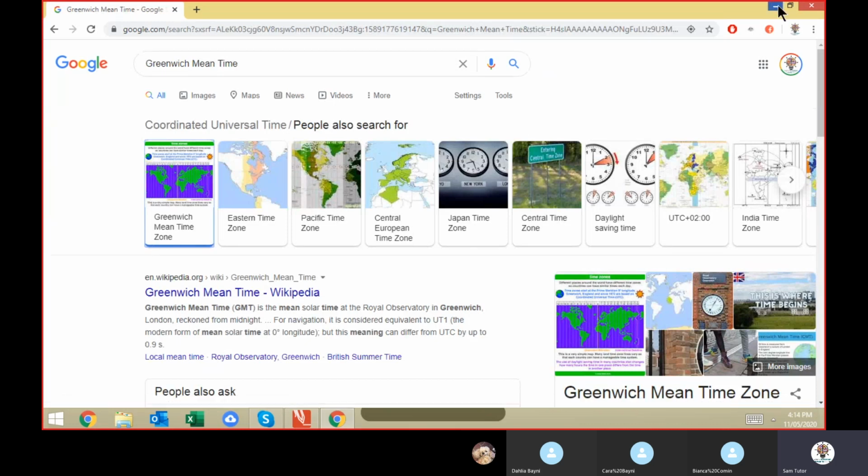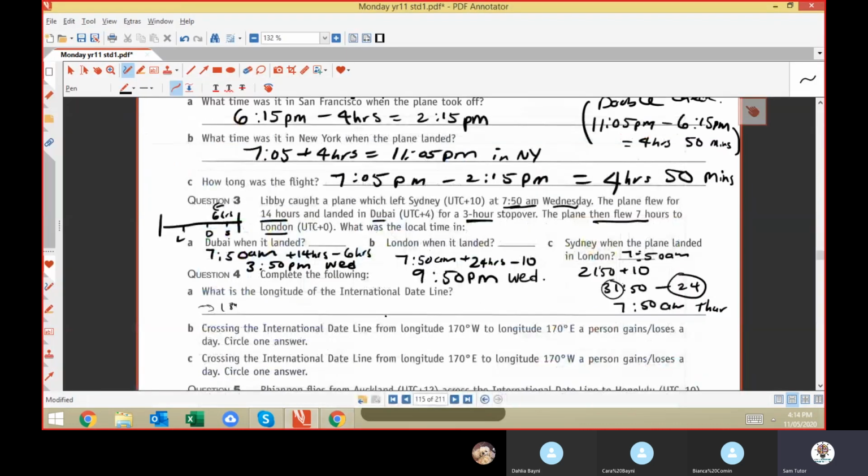Okay. So what is the longitude of the international dateline? 180 degrees.